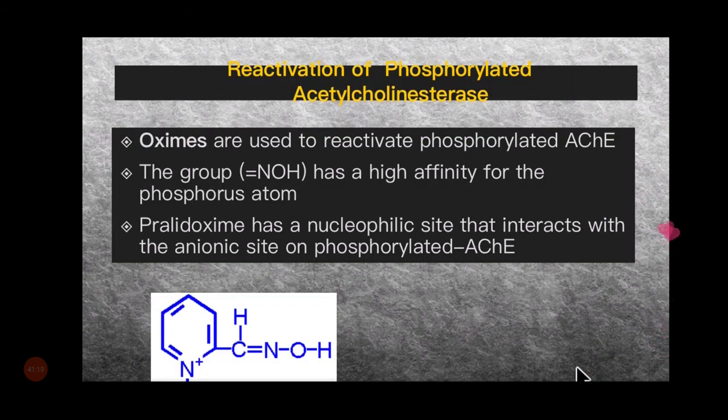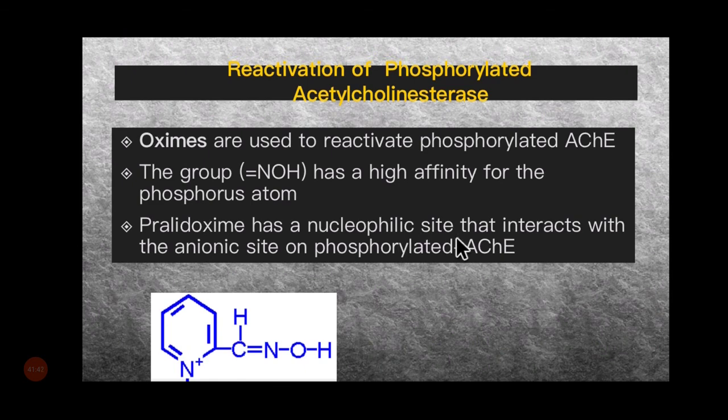Now, reactivation of phosphorylated acetylcholinesterases. As I told you, oximes, pralidoxime is one of them, used to reactivate phosphorylated cholinesterases. This group has high affinity for the phosphorus atom, NOH.